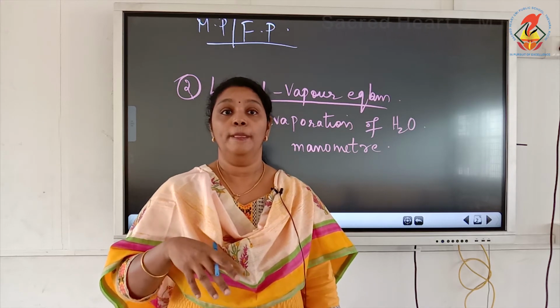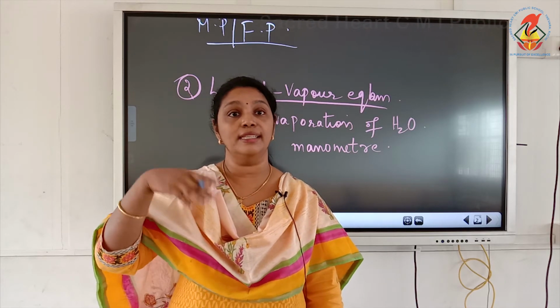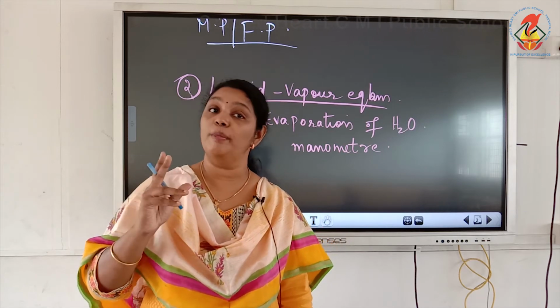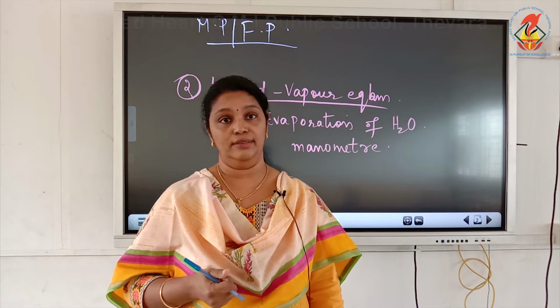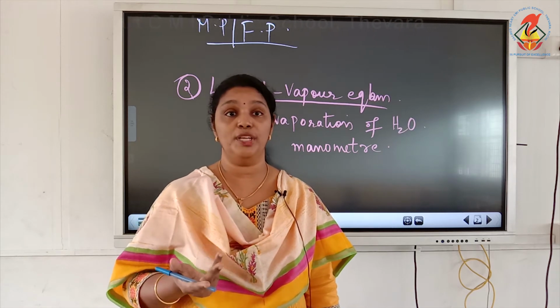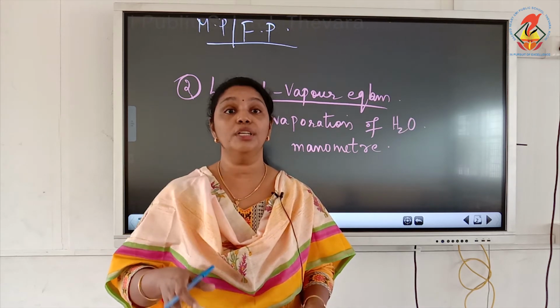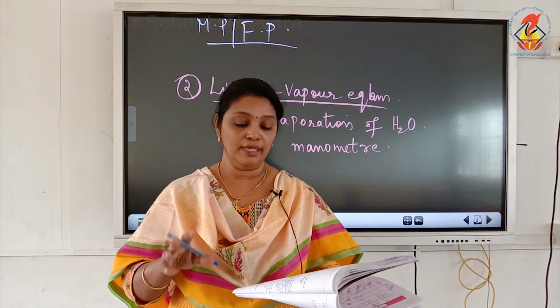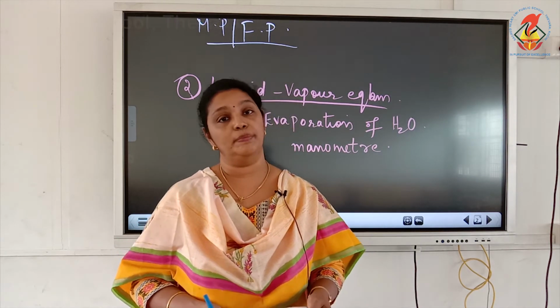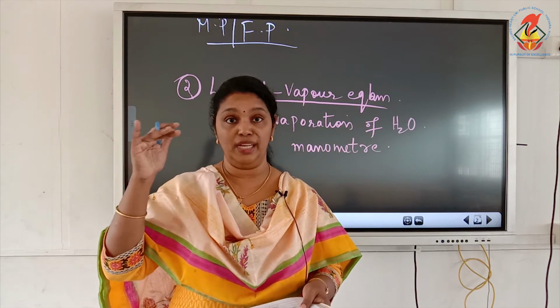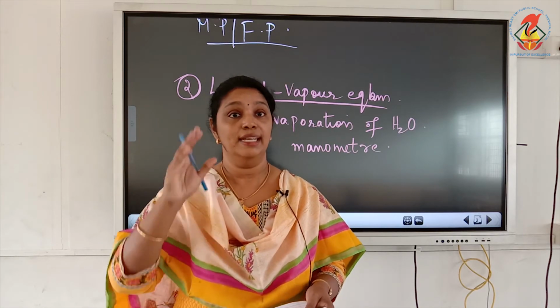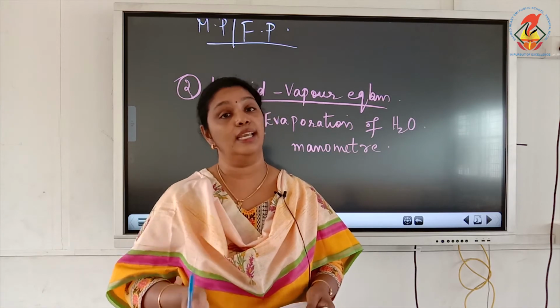And you know that increase and decrease in the mercury reading is due to the formation of vapor pressure inside the closed container. Now, what do you mean by the term vapor pressure? Vapor pressure is the pressure exerted by vapor in equilibrium with liquid at a particular temperature. So, when you see the vapor pressure remaining constant, we can say that the system has attained equilibrium.